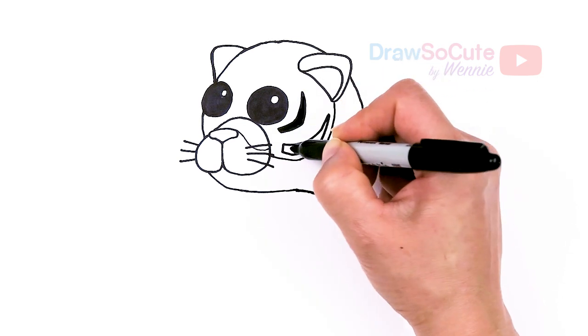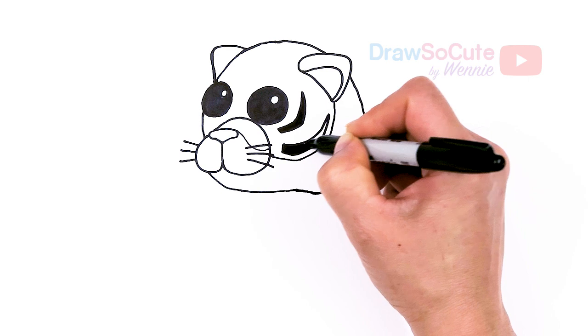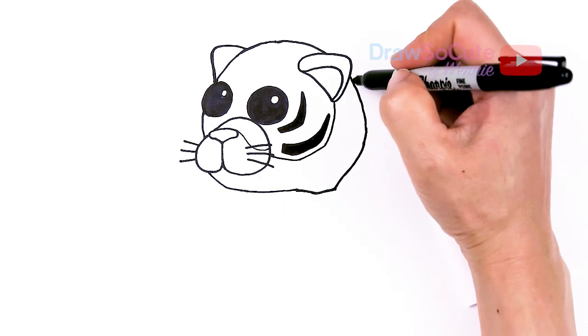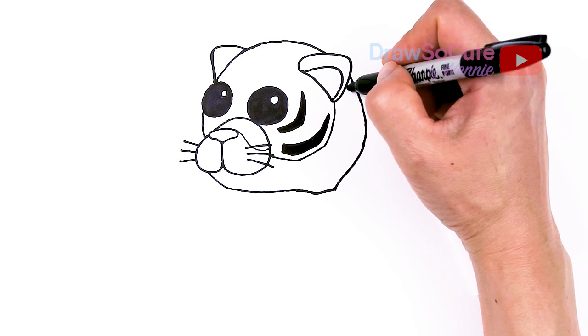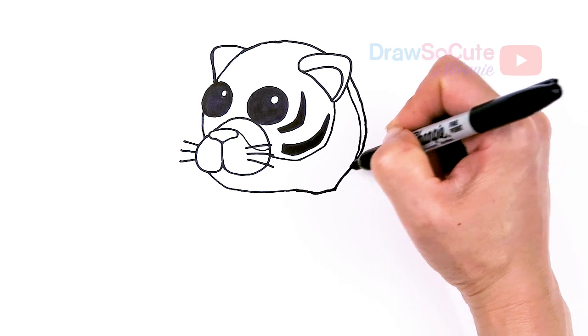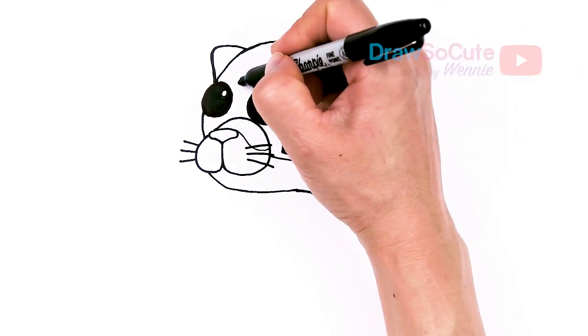So the markings are very important for this tiger to make all these shapes make sense. And then another one right here, very lightly. Separate the colors, and then some markings around the eye.